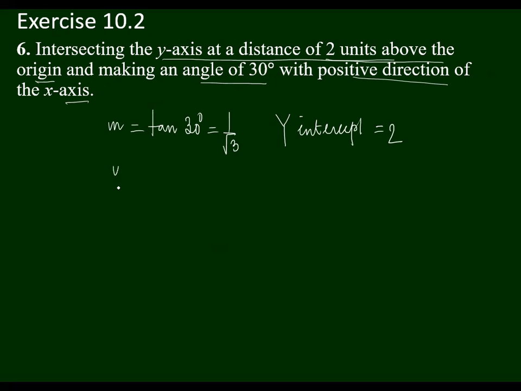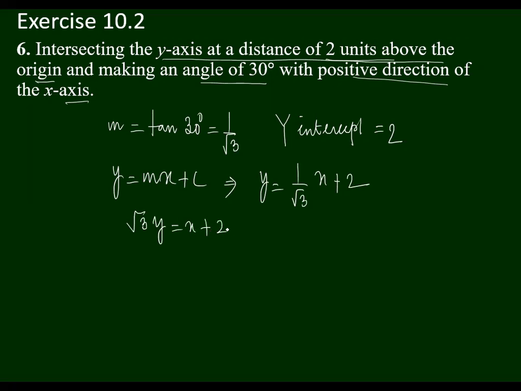So what is the equation? Y is equal to mx plus c. Y is equal to, what is m? 1 by root 3 x plus 2. So this will be root 3 y is equal to x plus 2 root 3. You can simplify: root 3 y minus x is equal to 2 root 3. Answer.